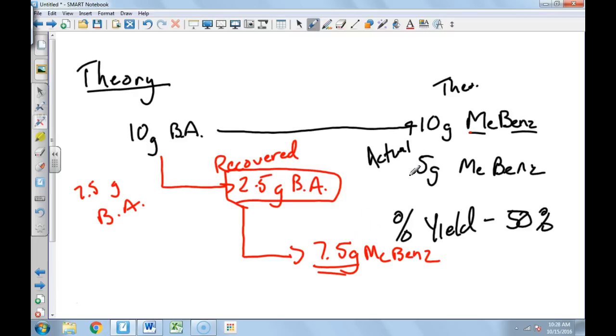So now, if we're only supposed to have 7.5 grams of methyl benzoate, and we had an actual yield of 5 grams, now our new percent yield is 67%. So which one is better, 50% or 67%? Well, duh, right, 67%.